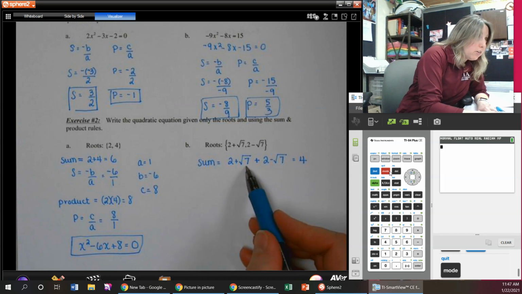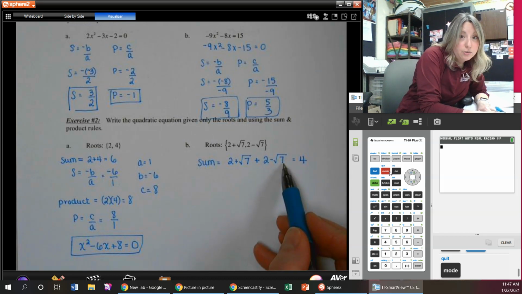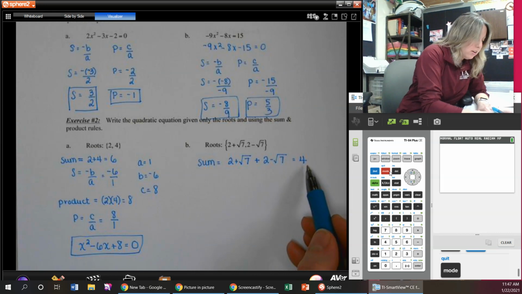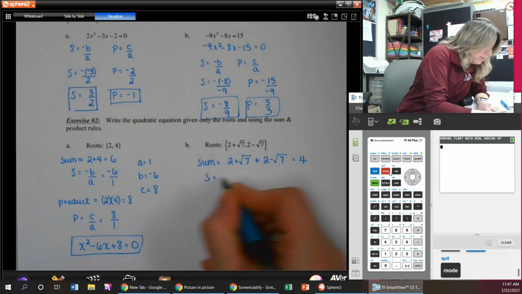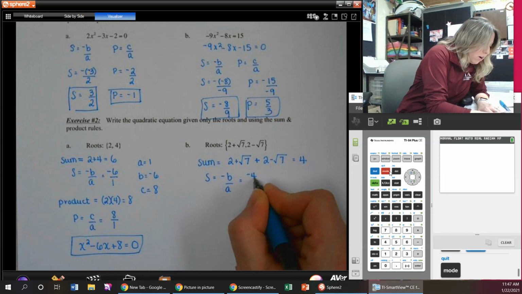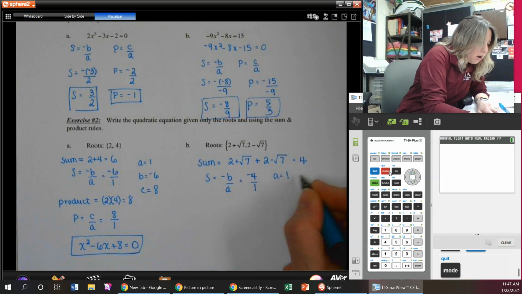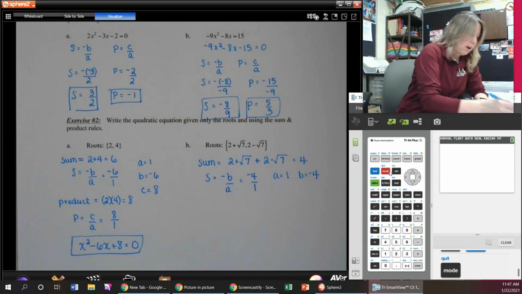And radical 7 minus radical 7 is 0. So guess what? My sum is 4. Okay? So that means since my sum is negative b over a, I've got -4 over 1. And so my a so far is 1, and my b so far is -4.